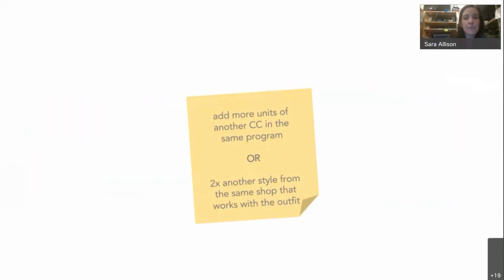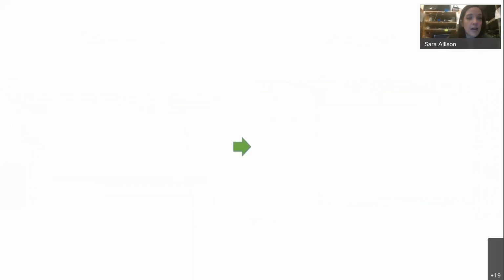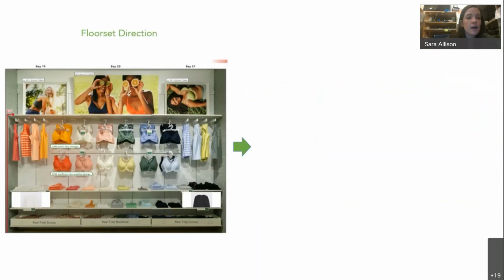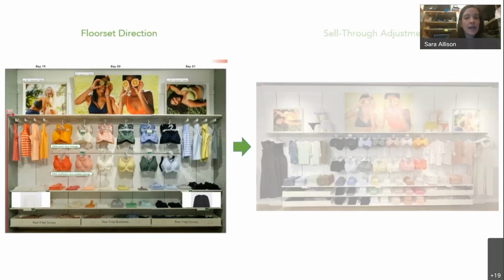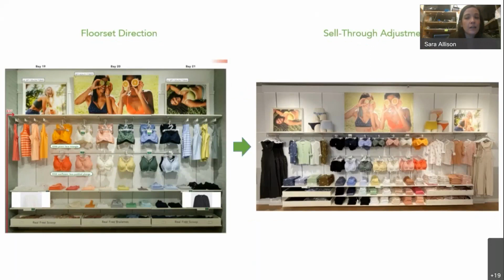Okay, now let's look at an example of adding more units of another color choice or double exposing another style. Here we see our original direction, and it looks like this store had a lot more wall space than what was shown in the floor set document. This may have been from their original mapping, but it also looks like they sold through a lot of the tanks.